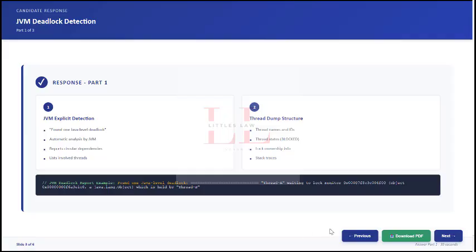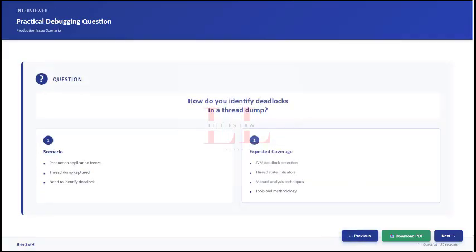The interviewer would want to know about the JVM's built-in deadlock detection: what does it actually report and where do you find it? Second, if for some reason the JVM does not explicitly report a deadlock, how would you manually analyze the thread dump to identify one, and what indicators and patterns are you looking for? And thirdly, this is important.